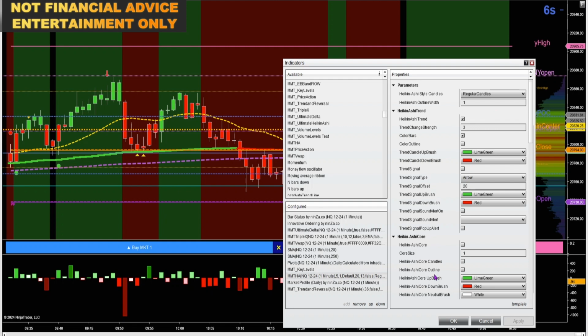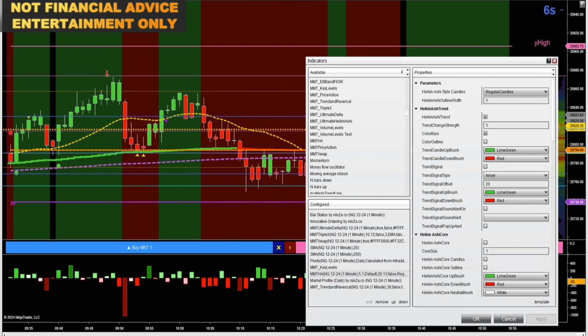So all these logics are based on Heiken Ashi candles, but you can choose to view the regular candlesticks, or you can also view the Heiken Ashi candles if you would like to. The only feature that I'm using on the indicator right now is the Heiken Ashi trend, and it's just painting the bars. So if we have a default of 1, this is printing the regular candlesticks, the exact same color that the Heiken Ashi candles would be.